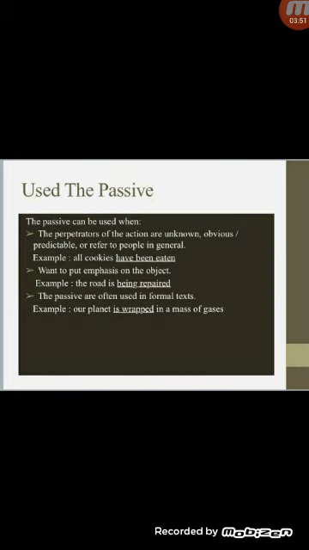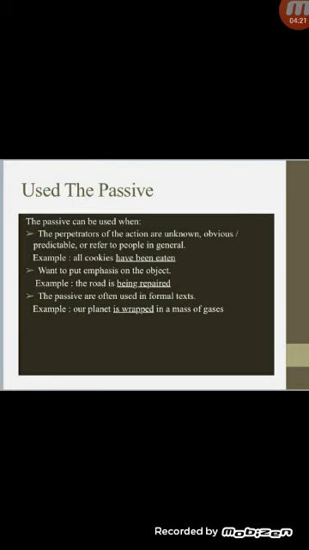Next, use of the passive. The passive can be used when the perpetrators of the action are unknown, obvious, or predictable, or refer to people in general.